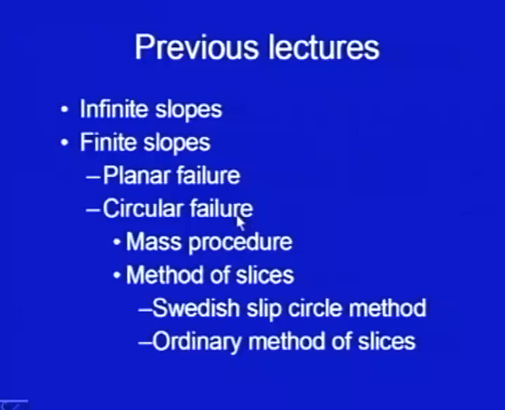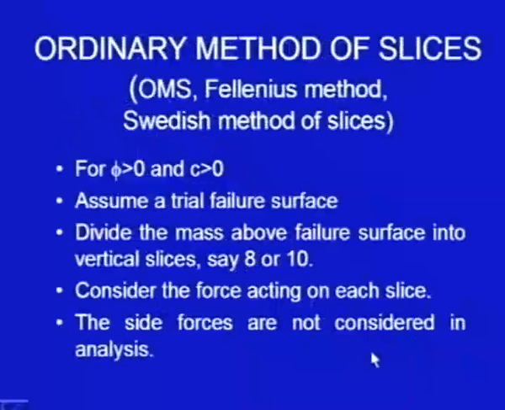These methods were broadly categorized into two categories: mass procedure and method of slices. We discussed the mass procedure and we were discussing the method of slices, in which the Swedish slip circle method has already been covered, and in our last class we had covered the ordinary method of slices also.